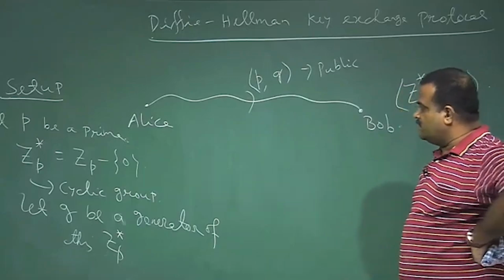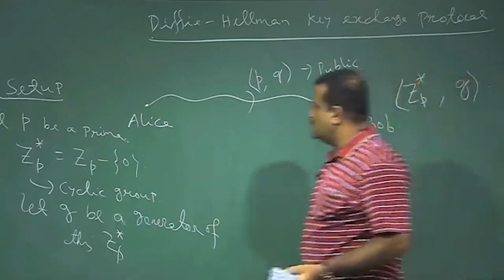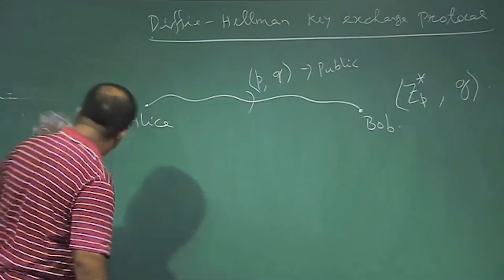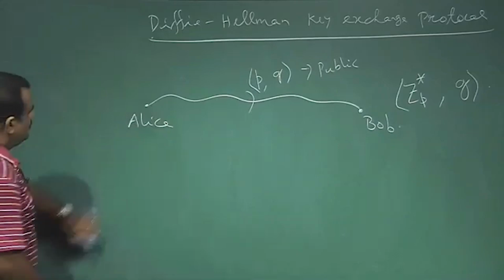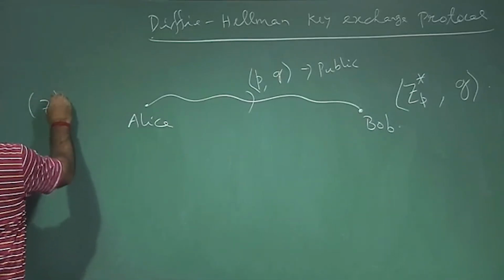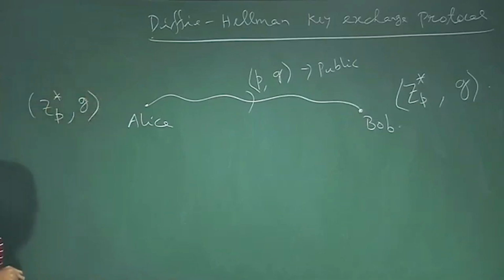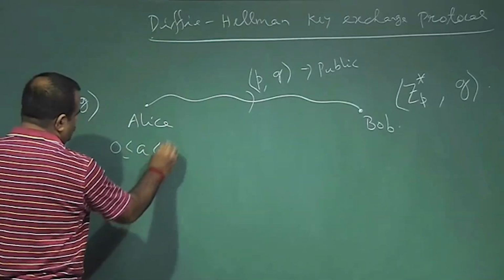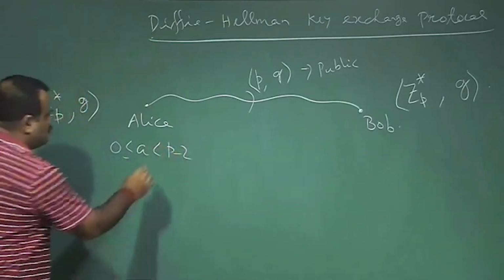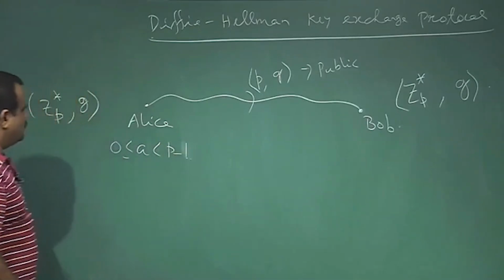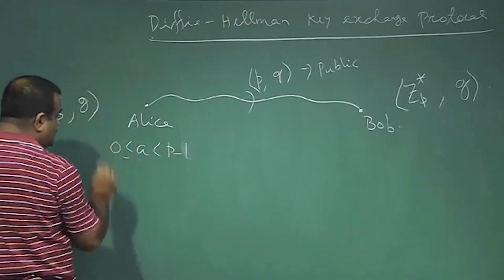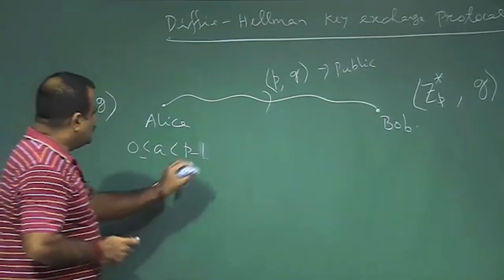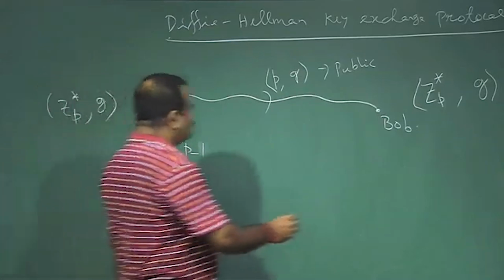Now they both agree on P and G. Now Alice chooses a which is less than P minus 1. This a is a secret to Alice, and Alice will keep it with herself, and Bob chooses a b.